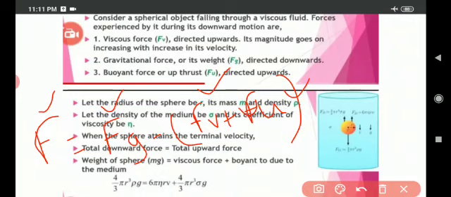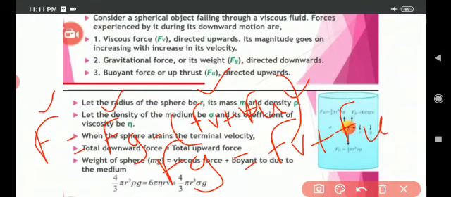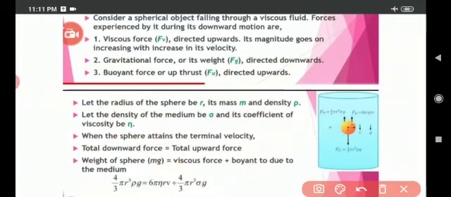At this stage, Fg is equal to Fv plus Fu. After that, the downward velocity remains constant, and this constant downward velocity is called terminal velocity.